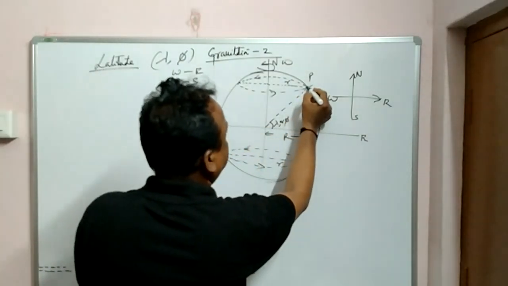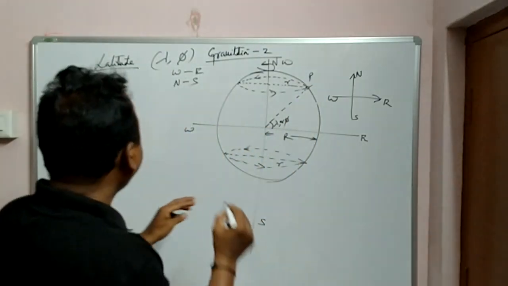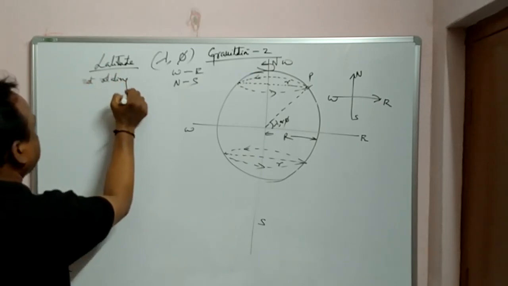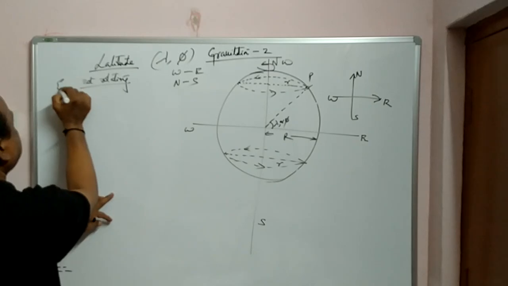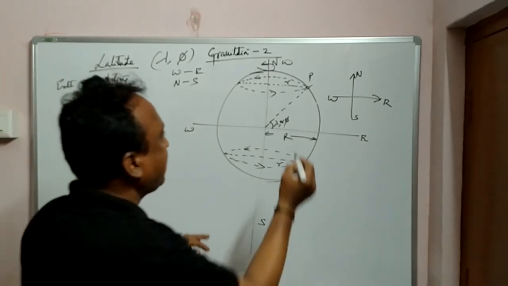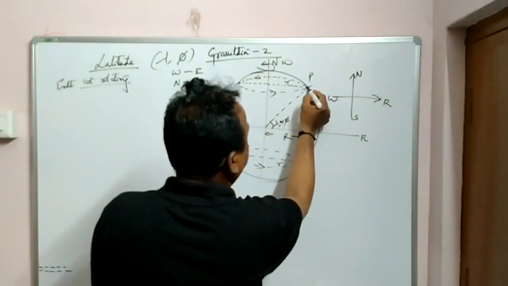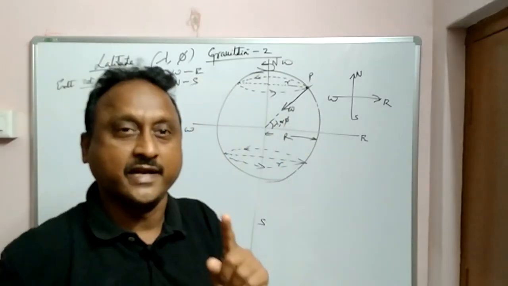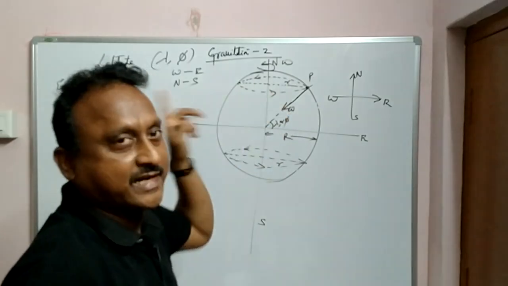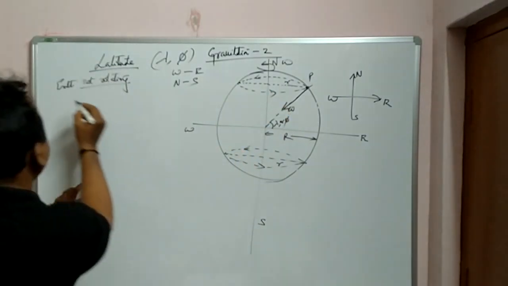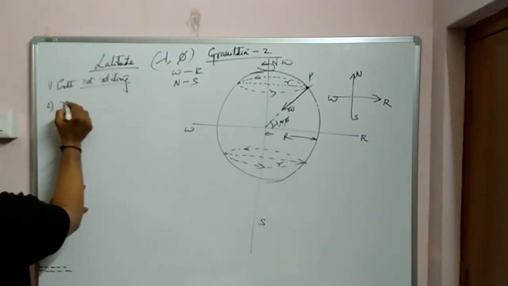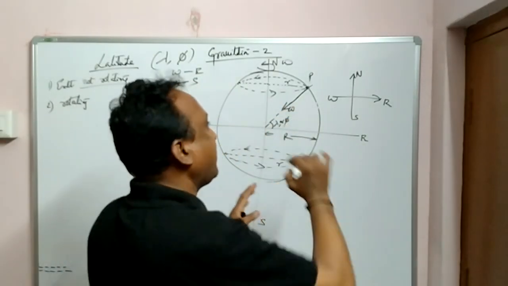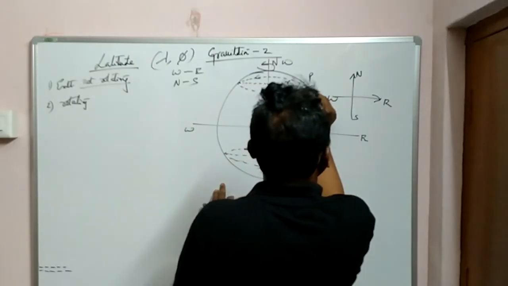Now the body is at point P. Suppose the earth is not rotating. The weight component of that body will be towards the center, W. But when the earth is rotating, the centrifugal force will be acting outward.